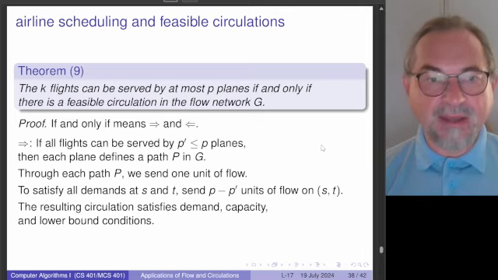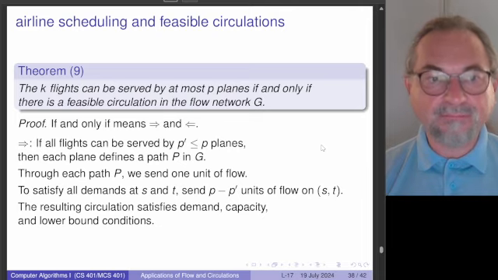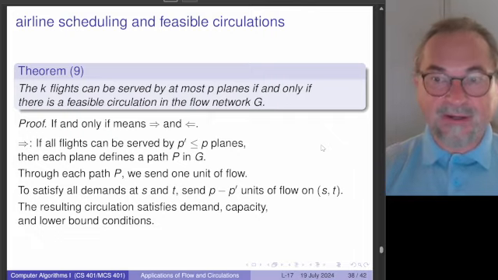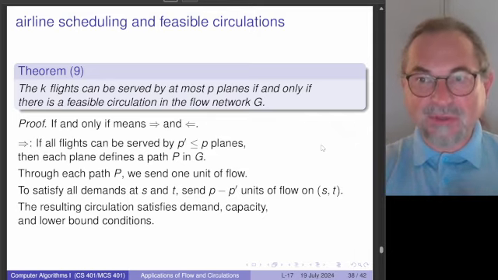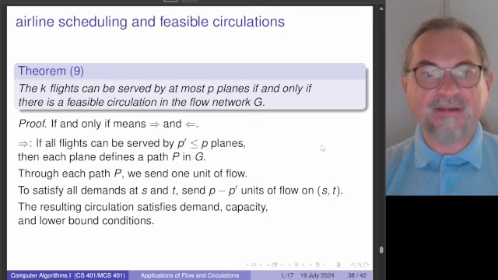Going from left to right, we have that P planes suffice to serve the K flights. So at most P planes, so we would have P prime, possibly less. Every plane defines a path. It's a little bit similar to the problem we started with at the beginning. We would consider paths in a graph.